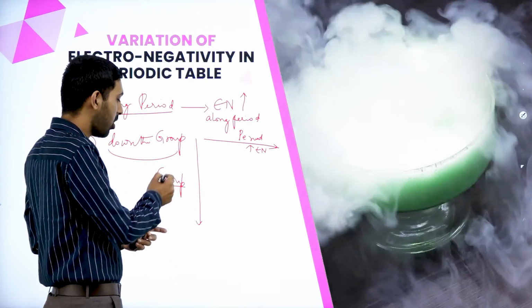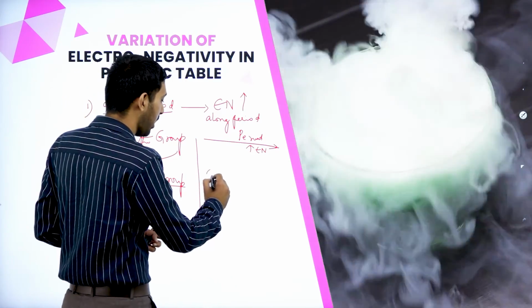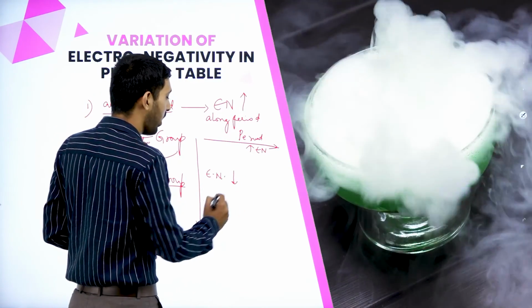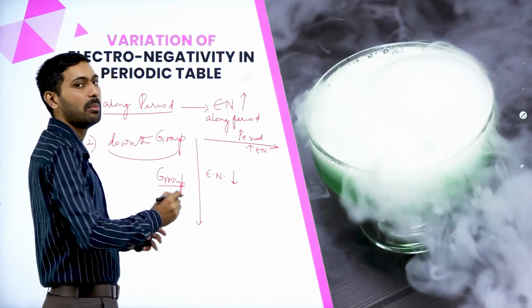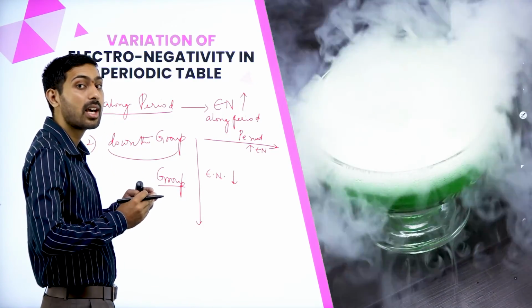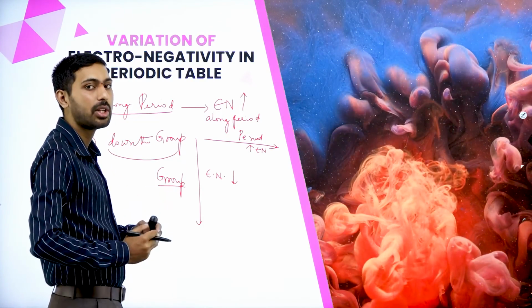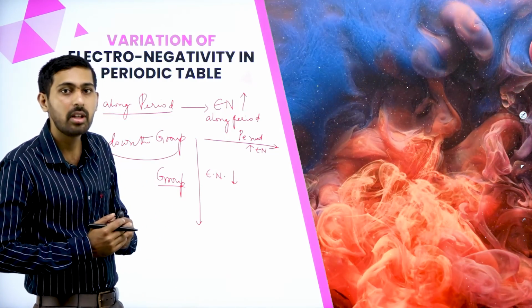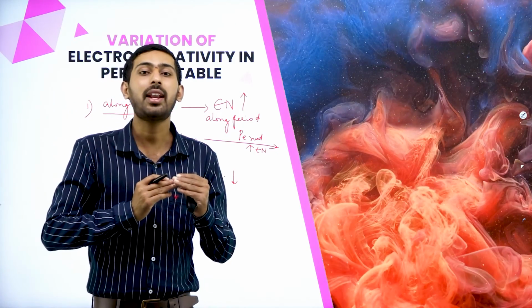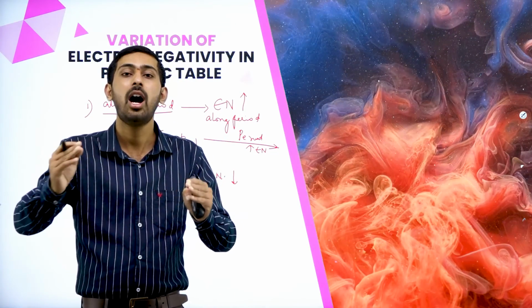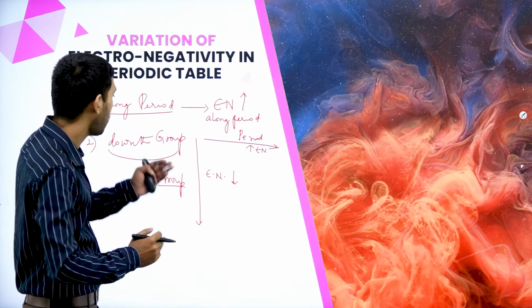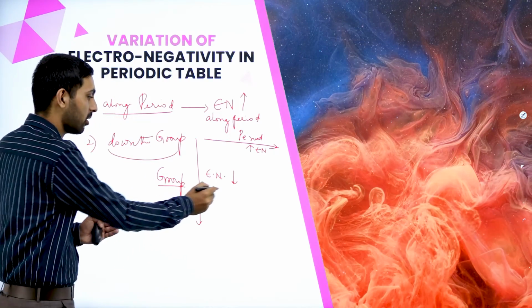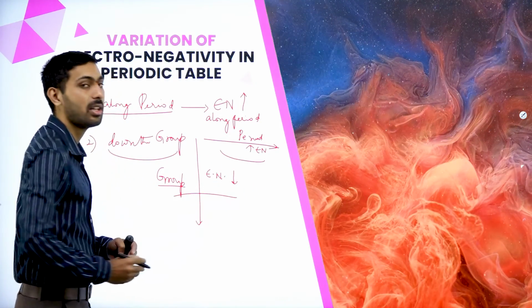But along the group, electronegativity decreases. Why? Because as atomic number increases, electrons are added to different shells. When electrons are added to different shells, there will be lesser force of attraction between nucleus and outermost shell. So electronegativity decreases along the group, increases along the period.